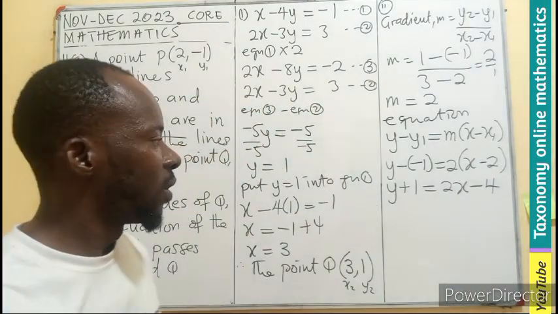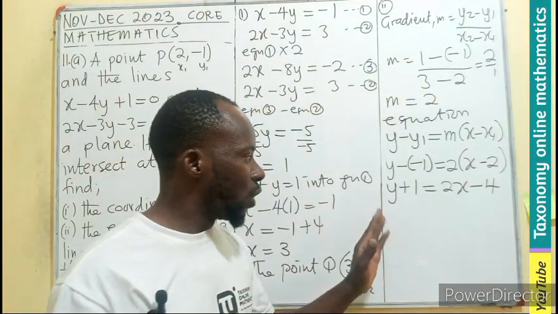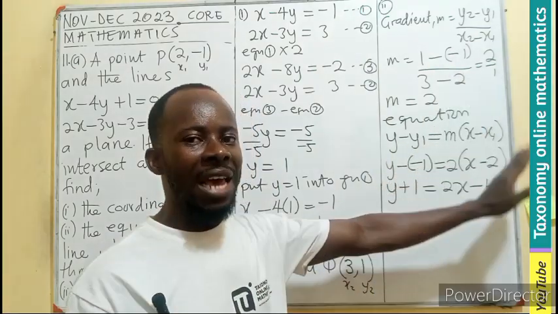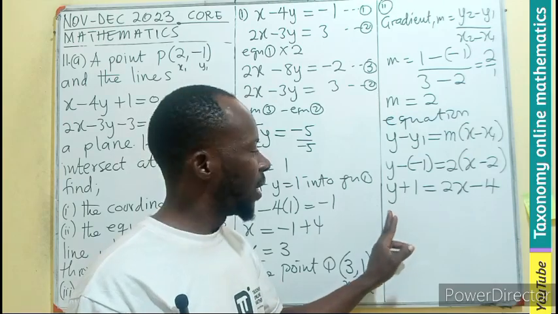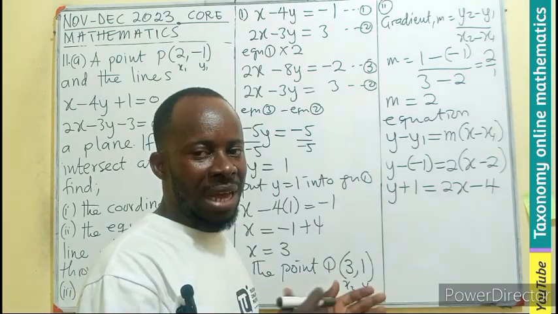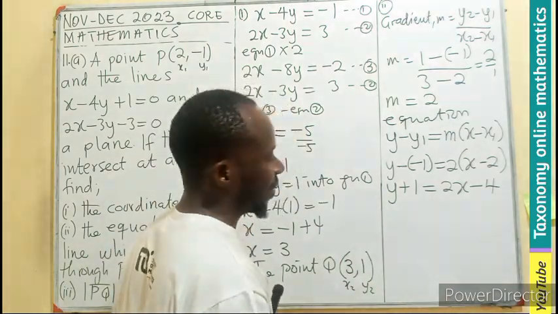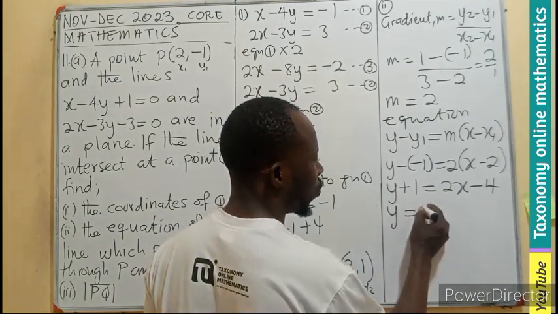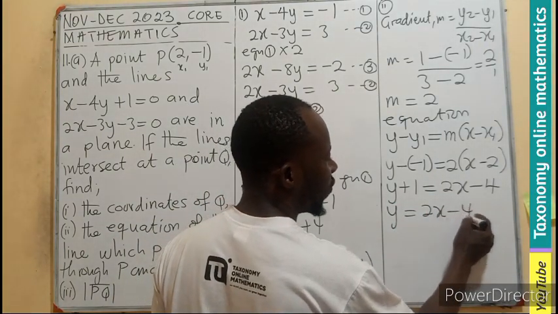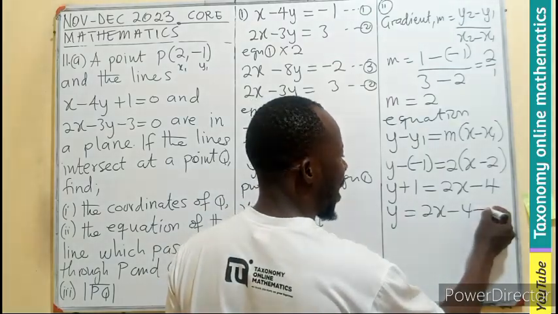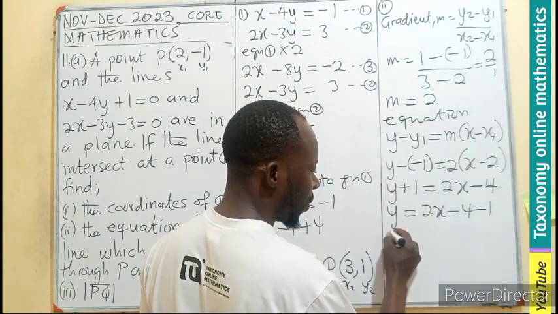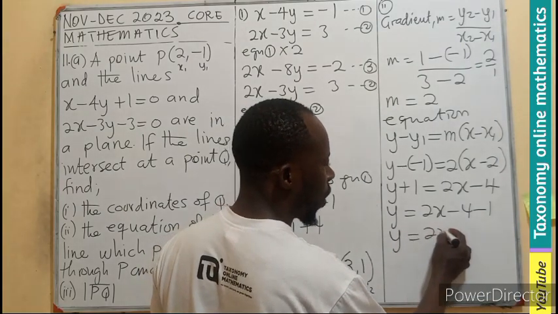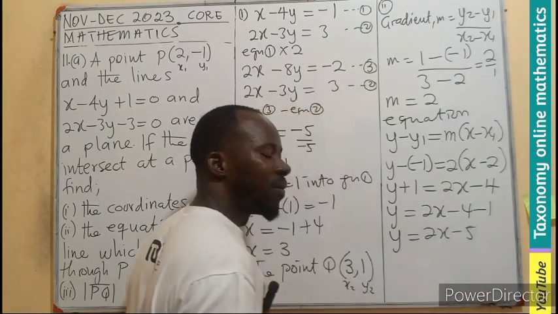There are two ways of writing this. We can transfer everything to one side equals 0, or maintain the y on the left and send all the others to the other side. So y equals 2x minus 4, then minus 1. So y equals 2x minus 5.